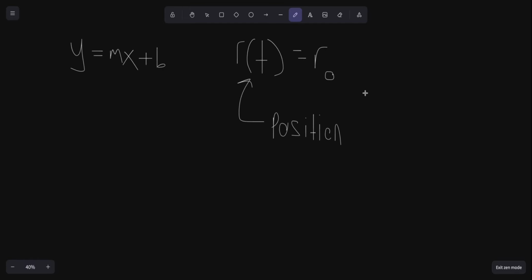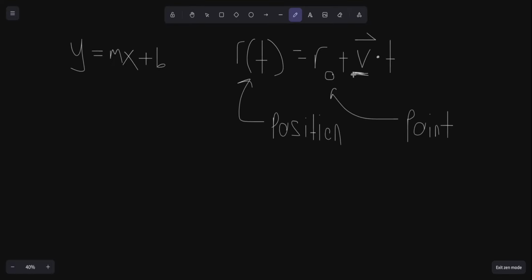We're going to be given an initial point. So r of 0 is just a point. You can think about it as our y-intercept if you want to relate it back to y is equal to mx plus b. And this is the initial point plus some vector, which I'm going to call vector v, multiplied by time.